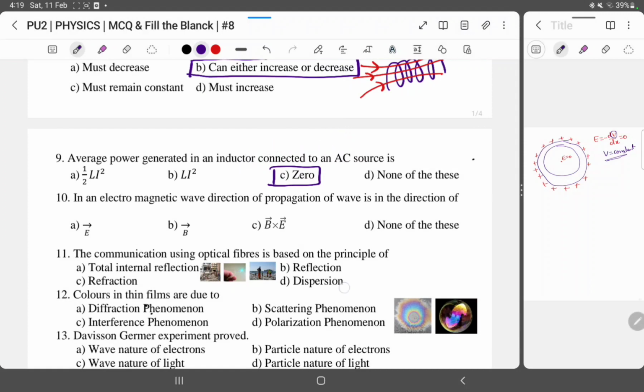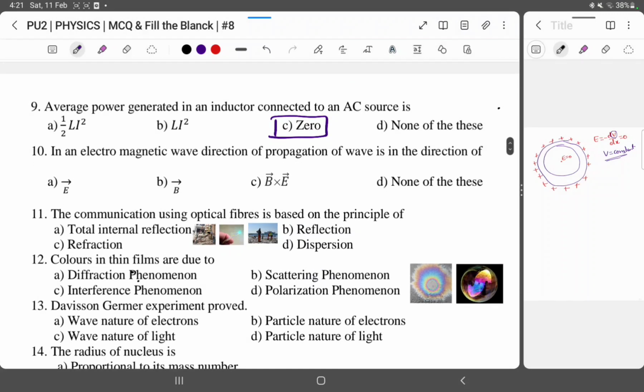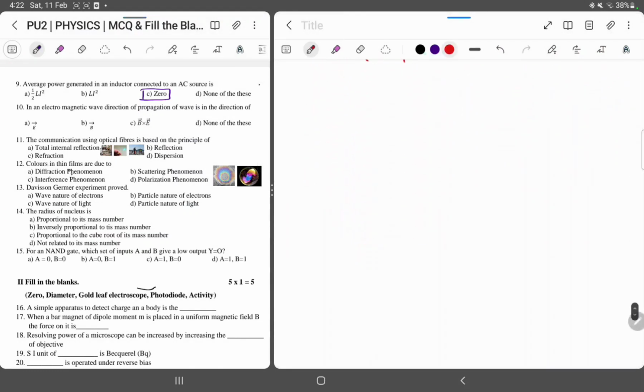Okay, next question here we have is, in an electromagnetic wave, direction of propagation of wave is in the direction of. See, if I consider, dear students, let me consider electromagnetic wave is moving in this direction. So this is the direction of propagation.